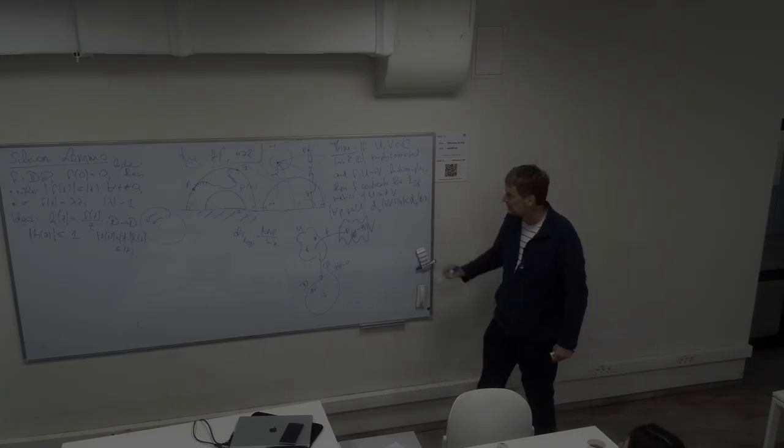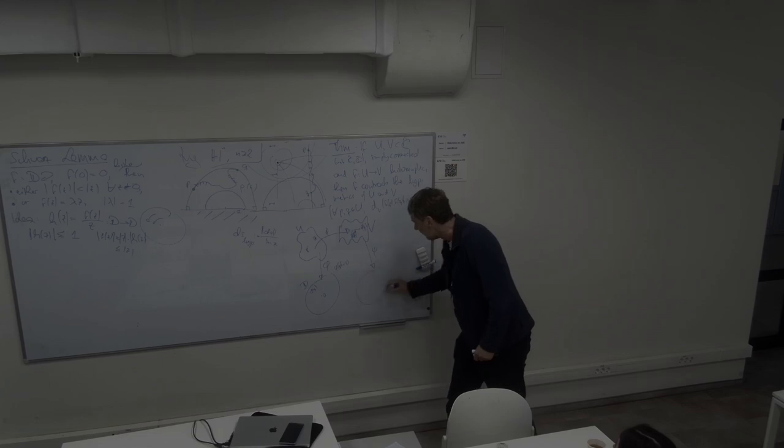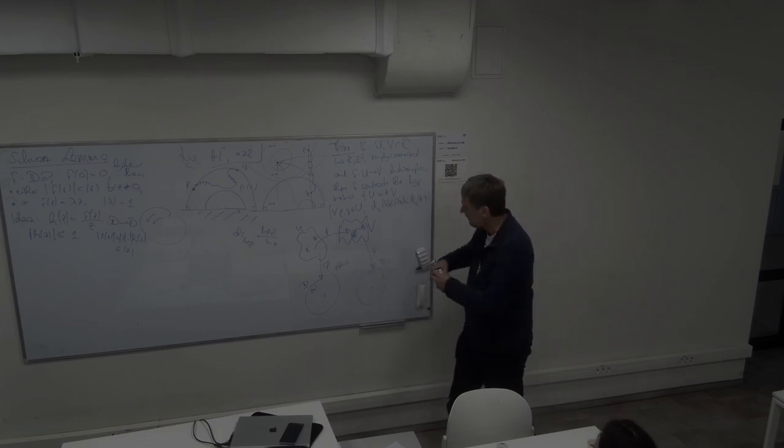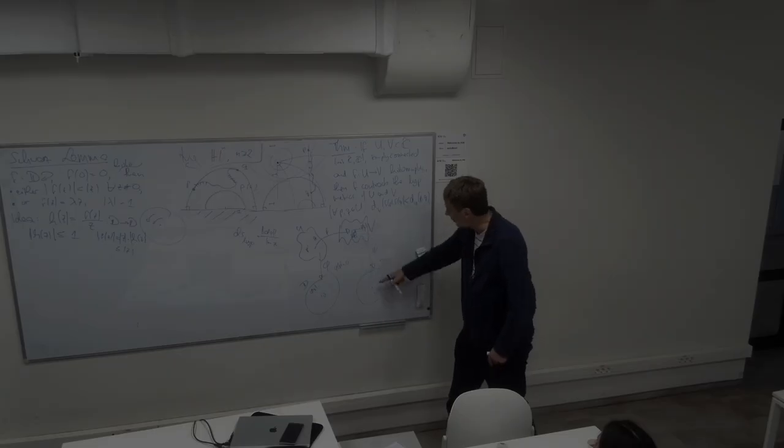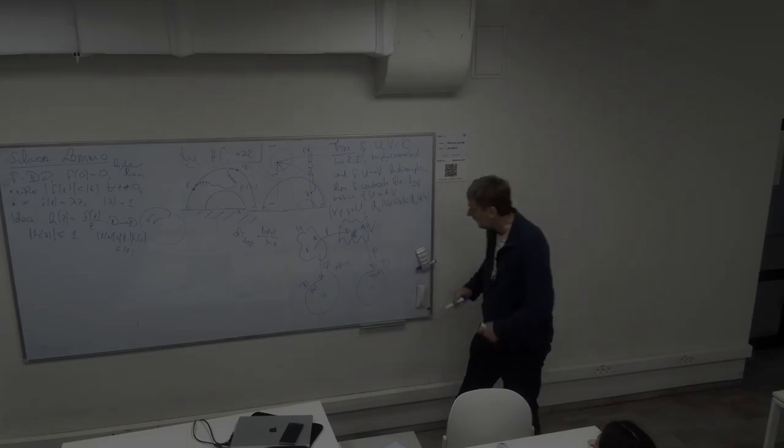And here we have, again, a Riemann map to the disk, so that f of p goes to 0, and here we have c of f of q somewhere else.